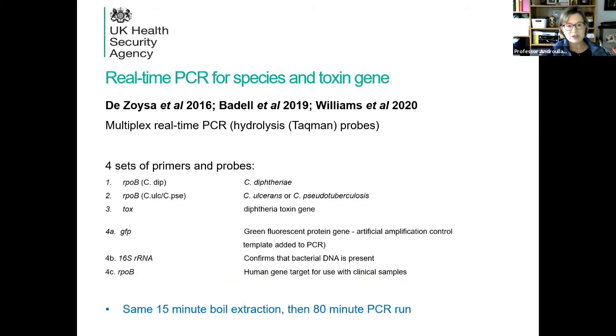So we developed at Colindale a real-time PCR for species and toxin gene detection. And this is the method that we tend to use for any potential isolate referrals to the lab. All these methods are in detail in the manual.